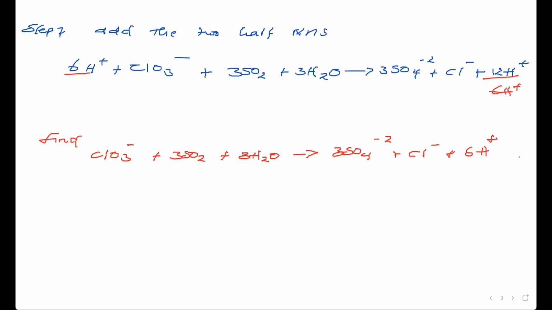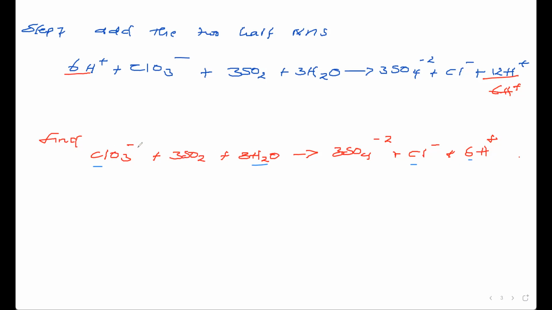So let's begin. Chlorine, we have one chlorine, balanced. We have 6 hydrogen. How many do we have here? 6 hydrogen, balanced. For oxygen, how many oxygen do we have? 3 plus 3, we have 6, but plus 6, 12. We have 12, 3 by 4, 12. Balanced. Sulfur 3, sulfur 3.